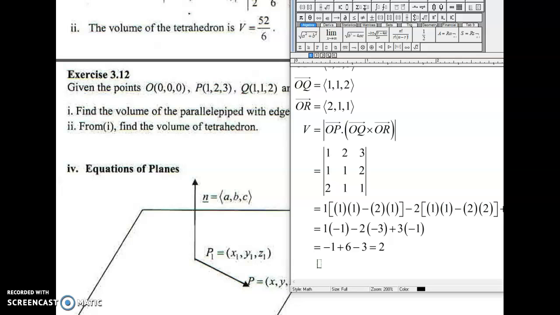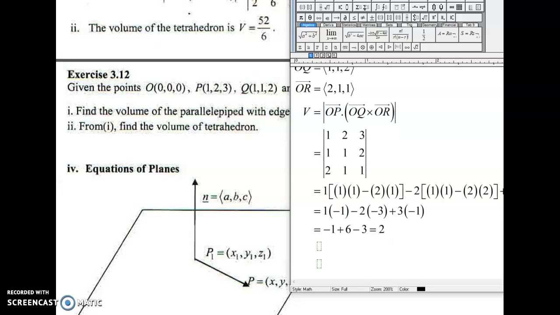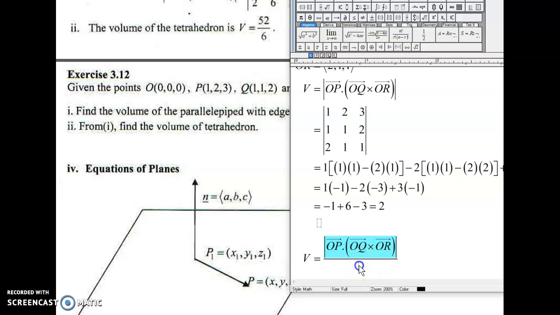So to find the volume of the tetrahedron, we use the same formula, but now we divide it by 6. So we have 2 over 6, simplified to 1 over 3. That is the answer, the volume of the tetrahedron.